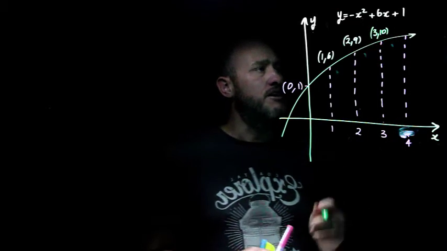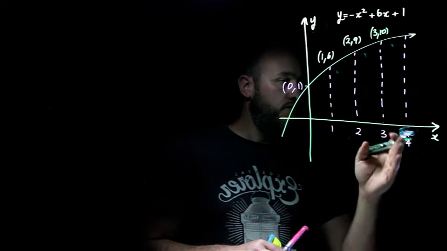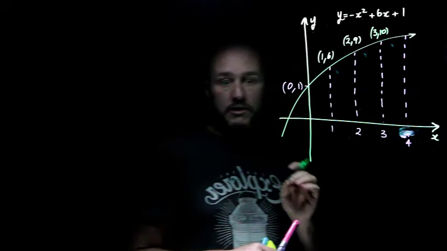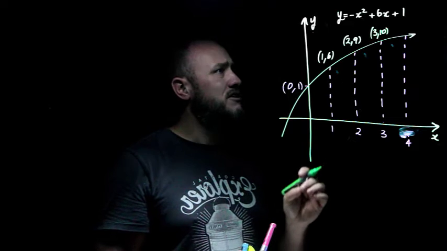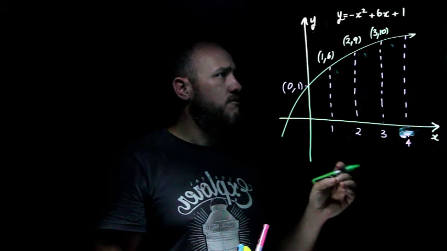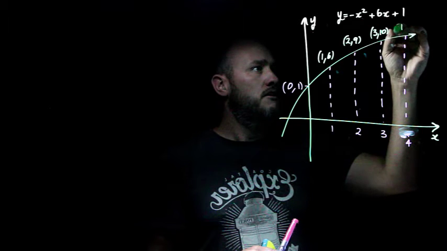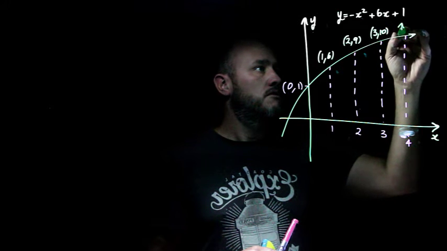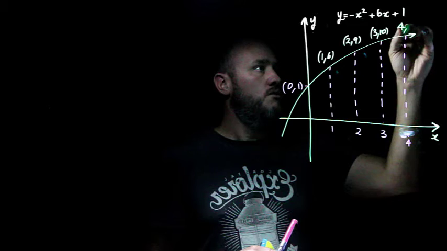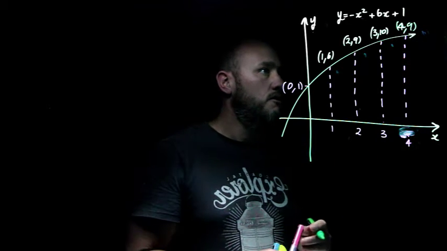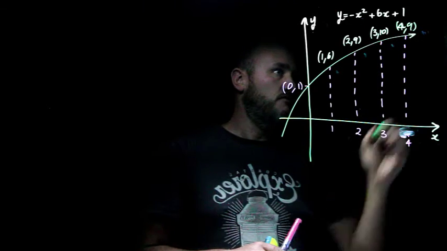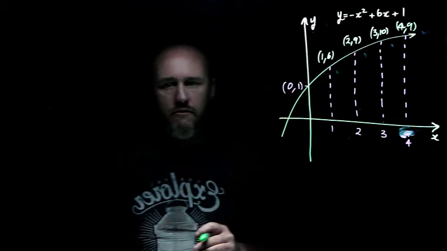Did I get that right? Yes. And 4, what happened to 4? Negative 4 squared is negative 16 plus 6x, so 6 times 4 is 24 plus 1 is 25 minus 16 is 9 again. So that's a 4. I'm really struggling with 4s today. 4, 9. So actually it goes back down after 3, but we'll deal with that, that's fine.